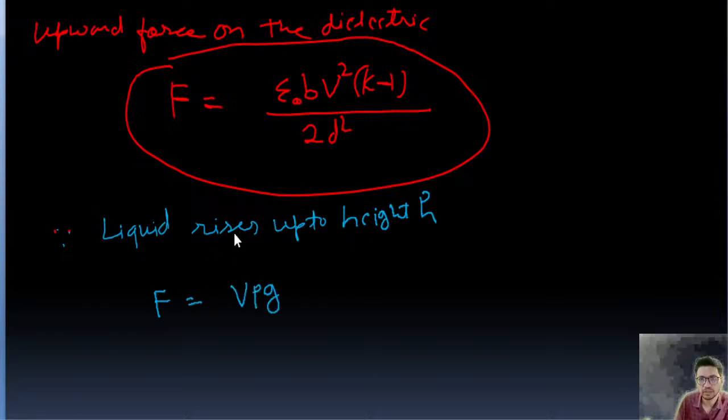Because this we know, this is the upward force, and this upward force is going to be equal to this V rho g. Okay, V is the volume of this cuboid.